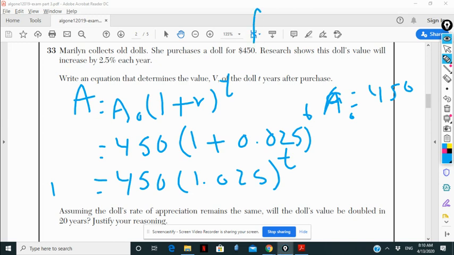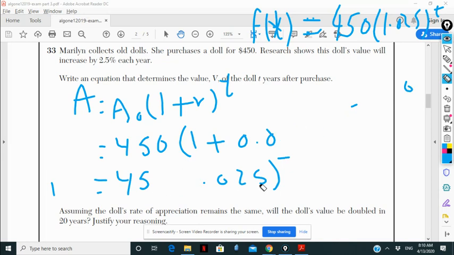So the function f of t equals 450 times 1.025 to the power t.